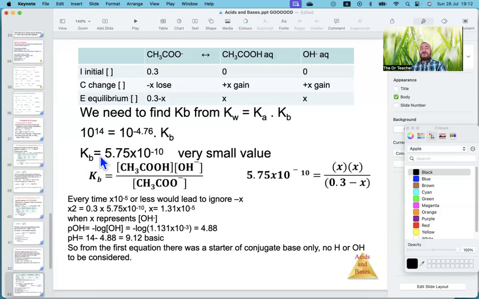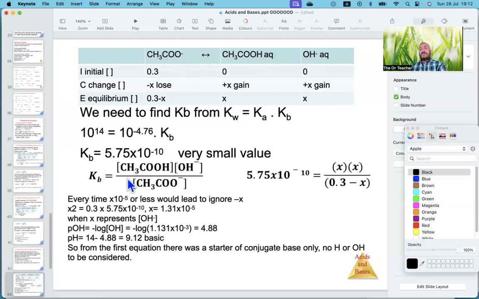So Kb, if you divide Kw by this Ka, will give you a very small value. So Kb is the multiplication of the concentrations of these two divided by this one.